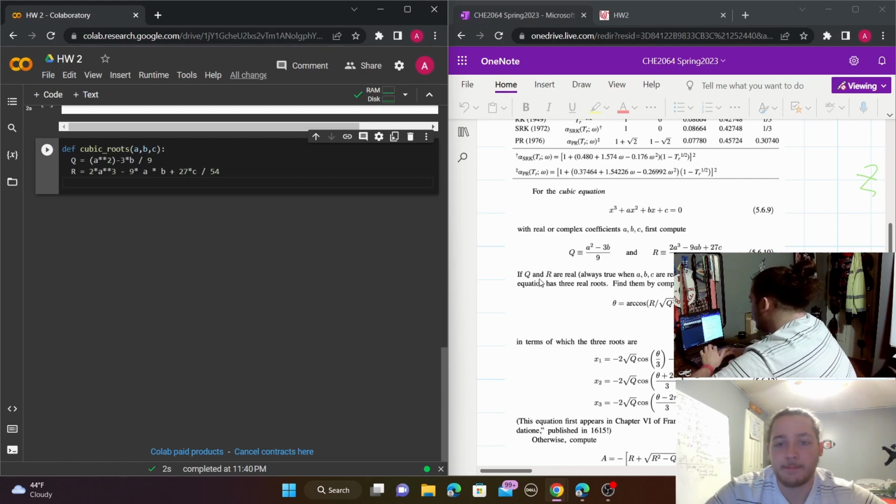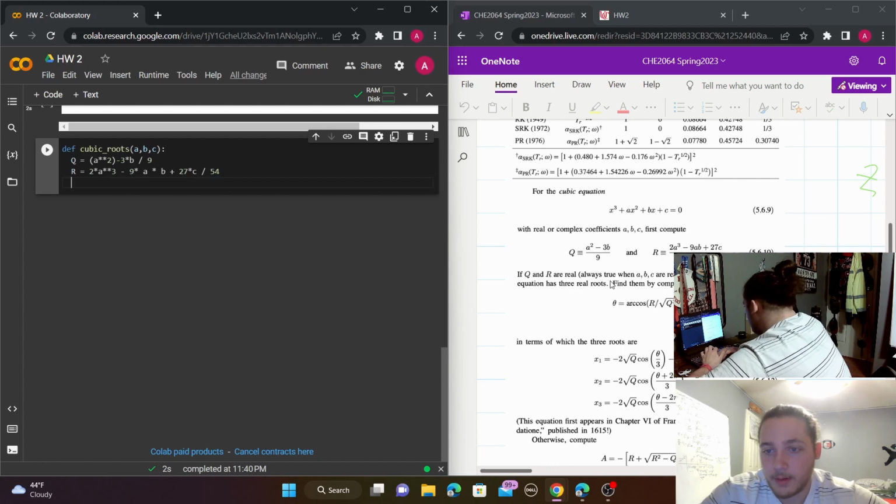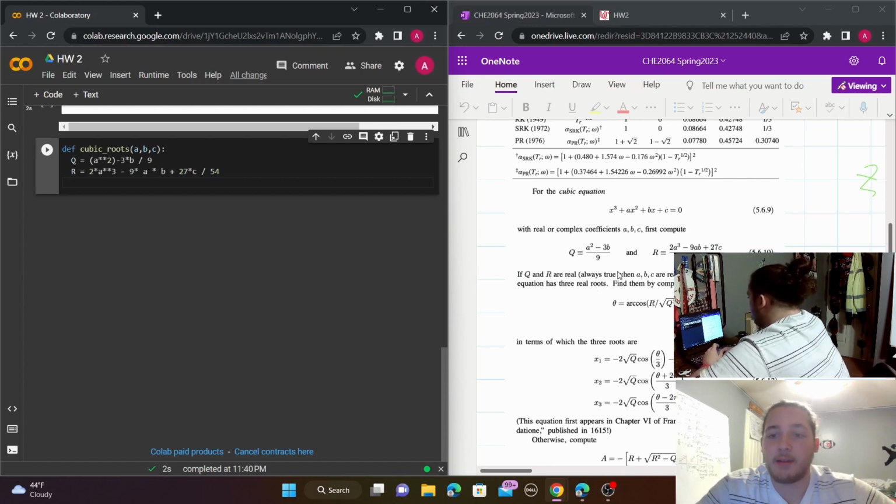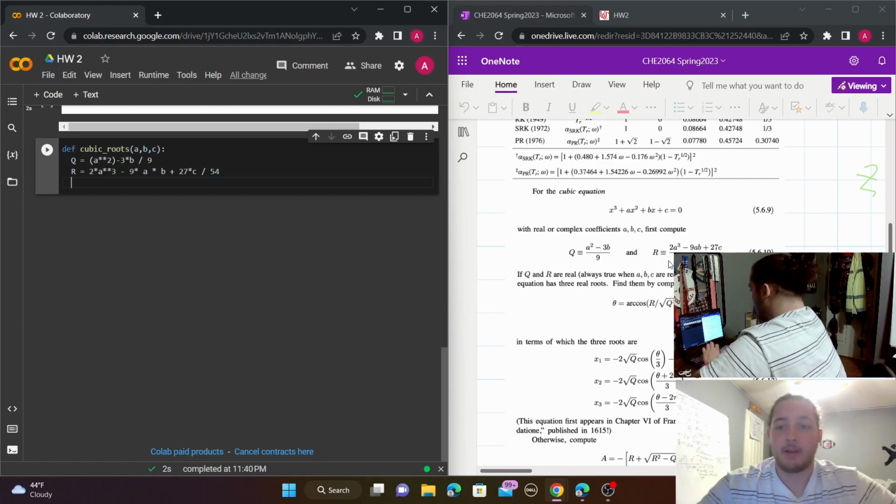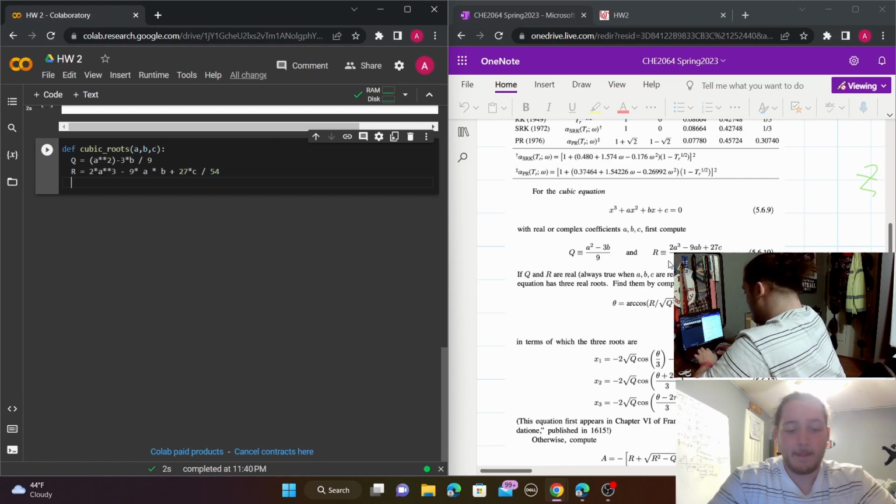Continuing on, if r and q are real and r squared is less than q cubed, then the equation has 3 real roots, and we can find them by computing theta is equal to arc cosine of r over the square root of q cubed. So we can code that using an if statement.